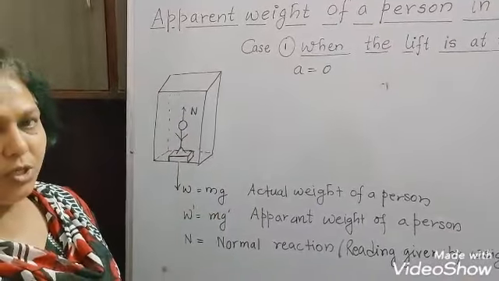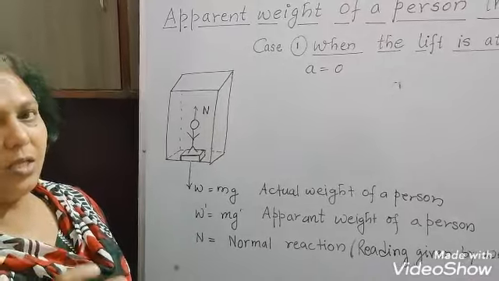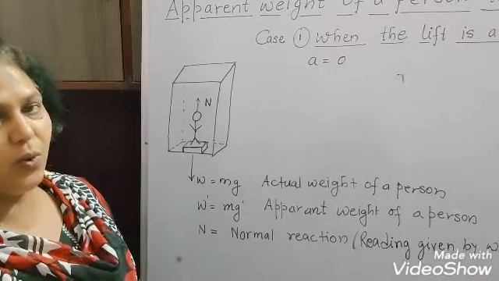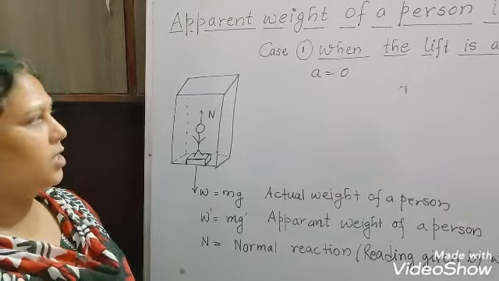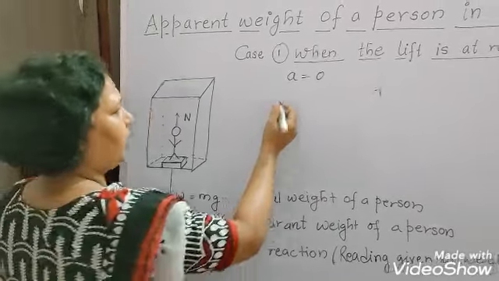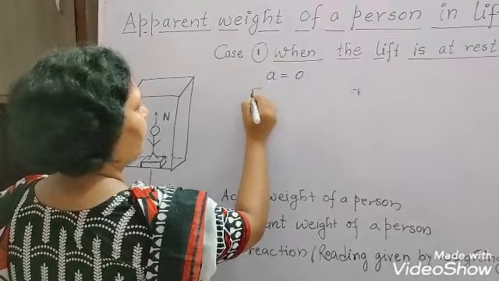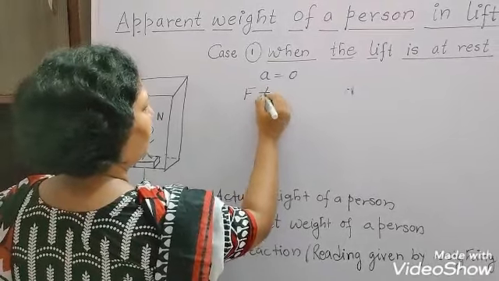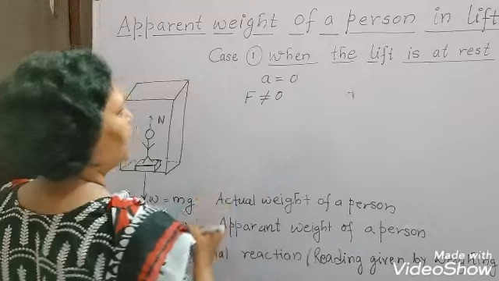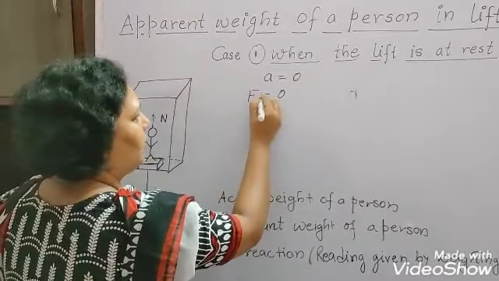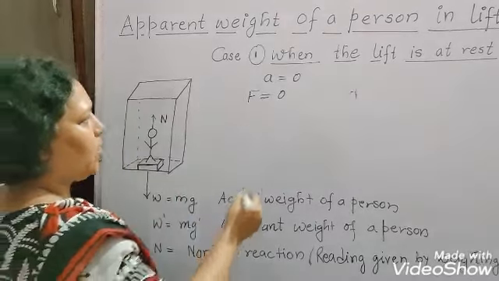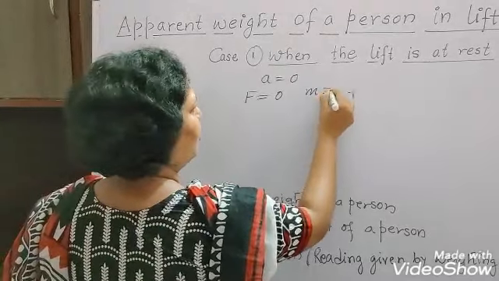There is no motion, or simply V is equal to 0, no change in velocity. So the acceleration is 0, and obviously the net force is 0 because M is not equal to 0.